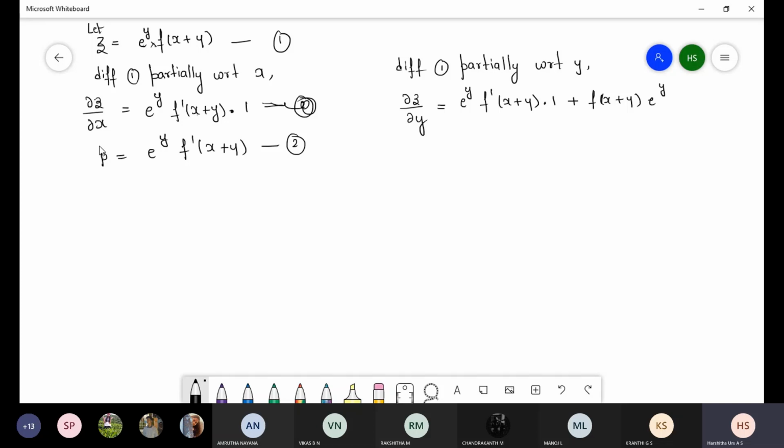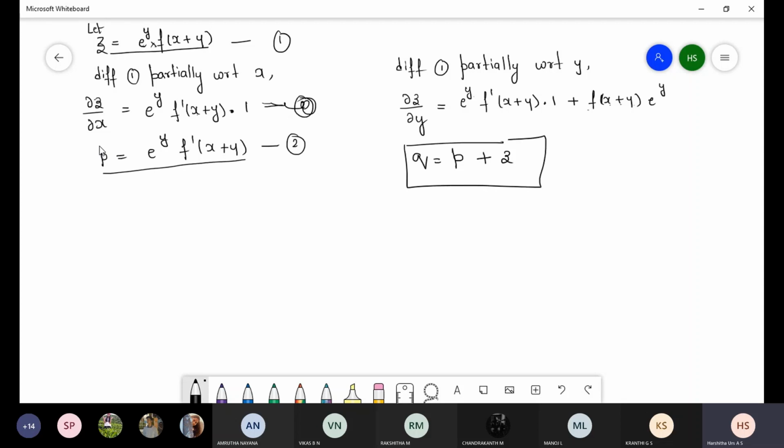Now q is equal to, what we have to do, we can write e power y f dash of x plus y, which according to equation 2 we can write as p, plus f of x plus y into e power y, which according to equation 1 we can write as z.